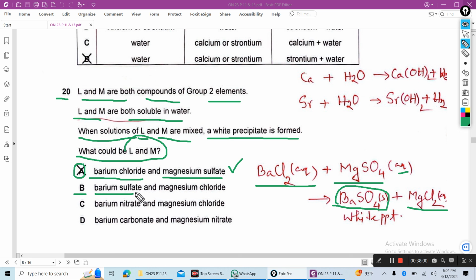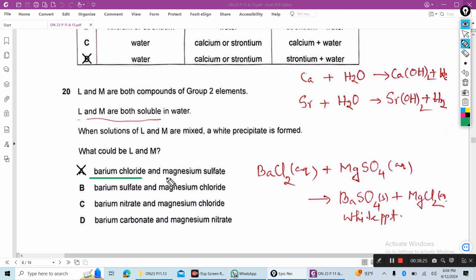Barium sulfate is not soluble. And with magnesium nitrate, barium nitrate and magnesium nitrate will be produced, no precipitate will form. Barium carbonate is already solid, magnesium nitrate soluble. So the right answer is A.